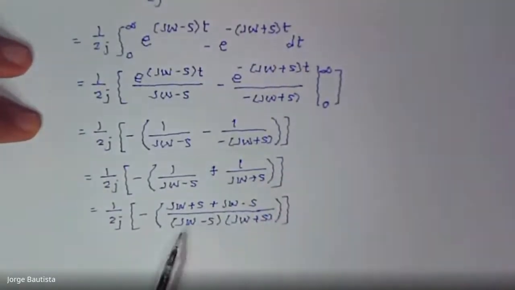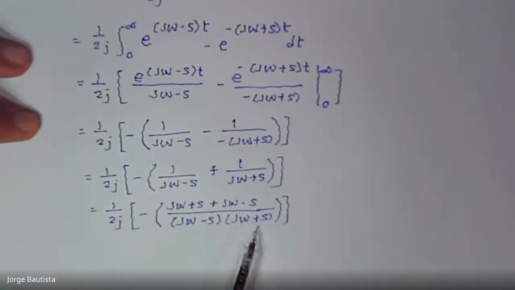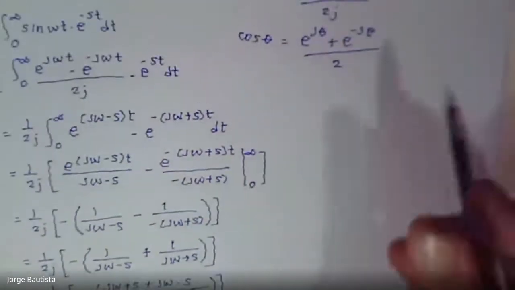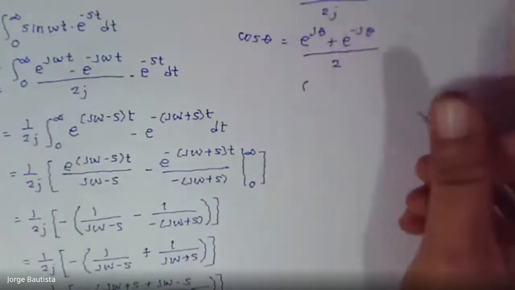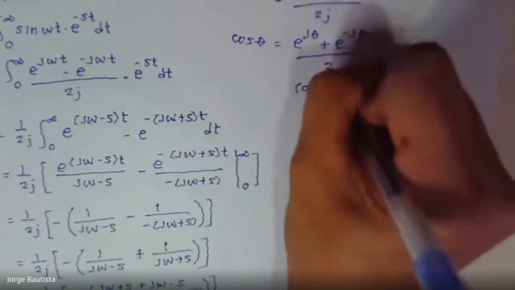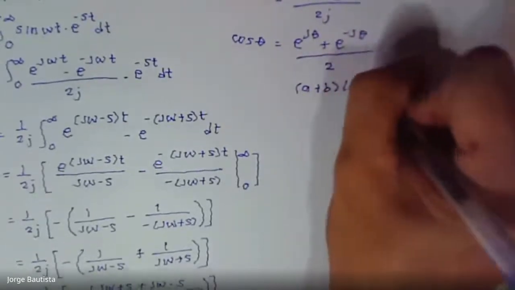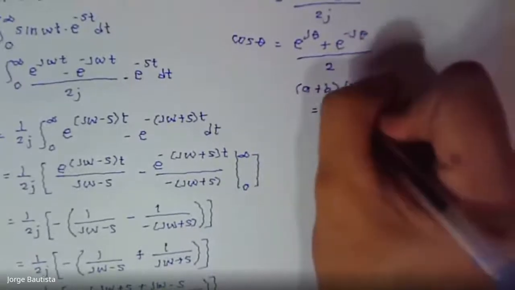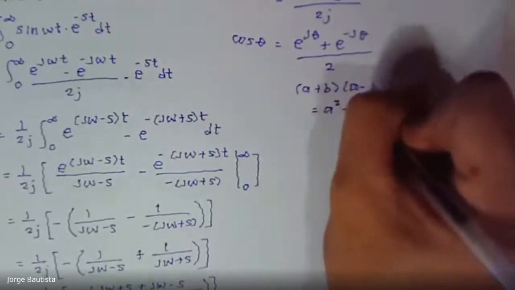Okay. But, what is this? Ito. J omega minus s, j omega plus s. Ano kaya yun? Ito ay ganito. So, tingnan nyo maigi, no? A plus B, A minus B. That is A squared minus B squared.